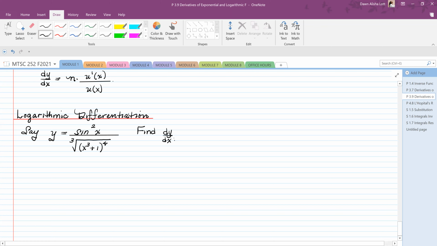Okay, now in order to find dy dx, I have to use the quotient rule. Oh, I have to use the chain rule twice. And then I got to simplify it.